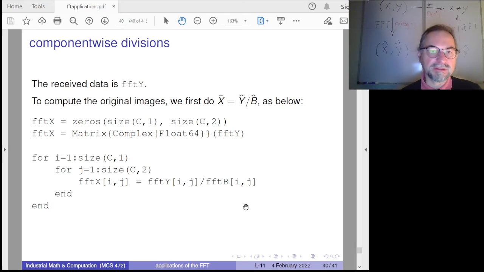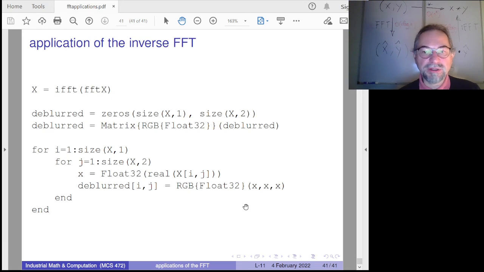So I decided to declare a matrix of complex numbers. The last step is then that in the application of the inverse FFT, we need to make sure we show the real parts.